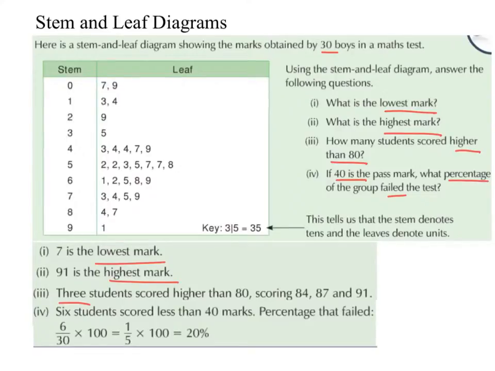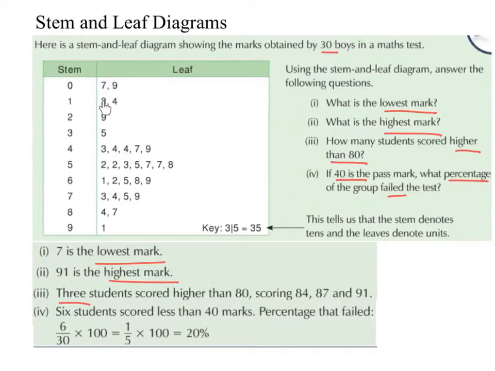So anything above any of these students on our leaf scored less than 40. So this student scored 35, this student scored 29, this student scored 13, this student scored 14, 7 and 9. So these students scored less than 40.